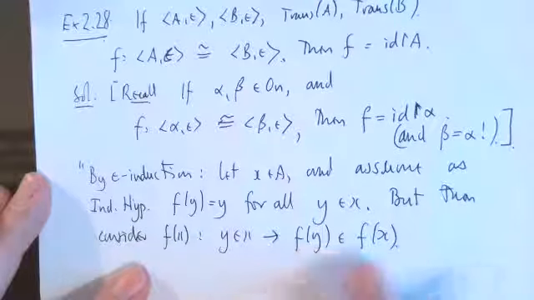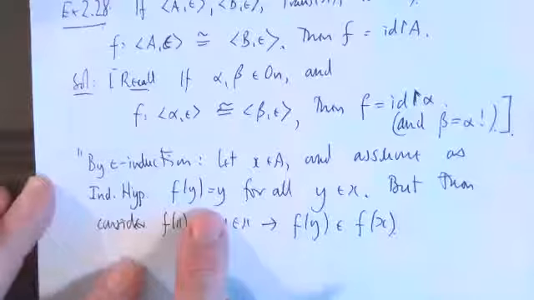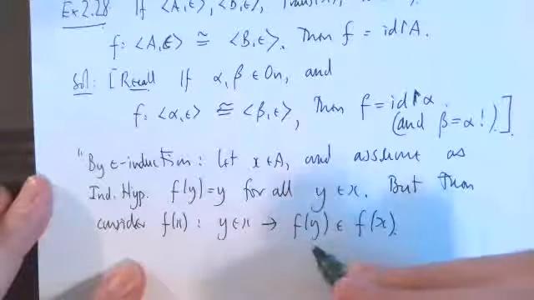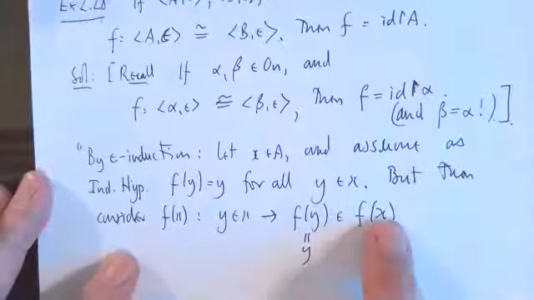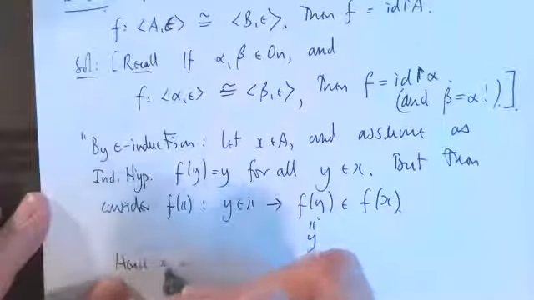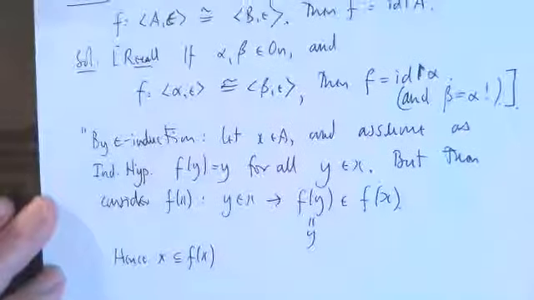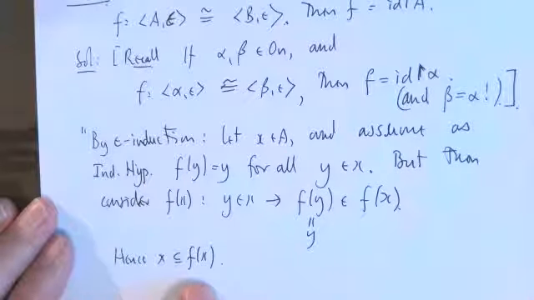All of these f of y's, we've agreed, are already y by the inductive hypothesis. So these are all y's. So f of x contains x. And now all we have to do is prove the reverse inclusion, and we'll have that x is equal to f of x.